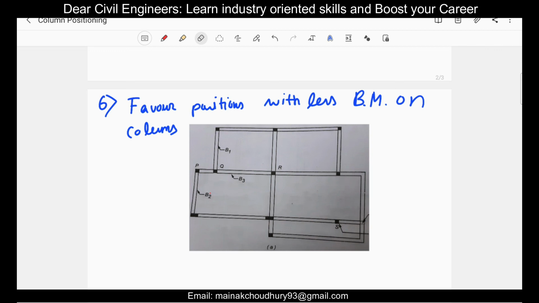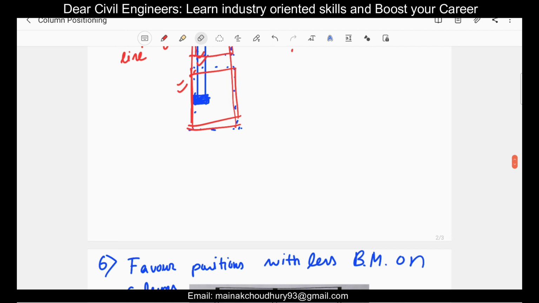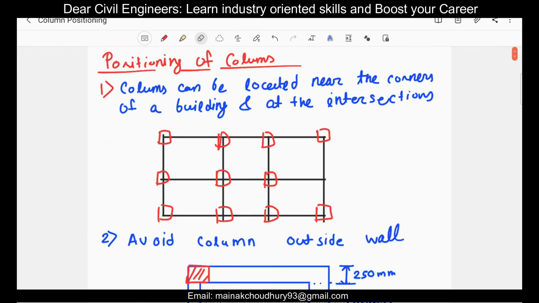So from this angle you have to think, and you have to find out which should be the position of the column, whether it is at P or at Q. If you answer this, and if you also keep in mind the earlier 5 points, then you will get started on the column positioning and you have an idea. After that we'll solve some practical examples in the further video to give you more idea about the column positioning part. So that's all for today.